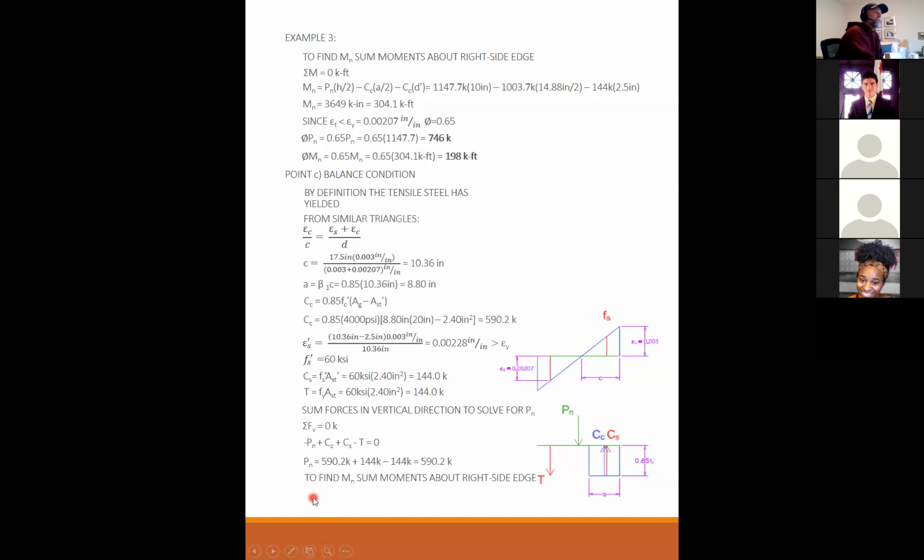To find M sub n, sum your moments about the right side edge here, and we get Mn. So again, tension times H over 2, compression in the concrete times A over 2, minus the compression in the steel times D prime, plus the tension in the steel times D. Now, you may be tempted to say that the axial load 590 is the same as the compression in the concrete, so they cancel each other.